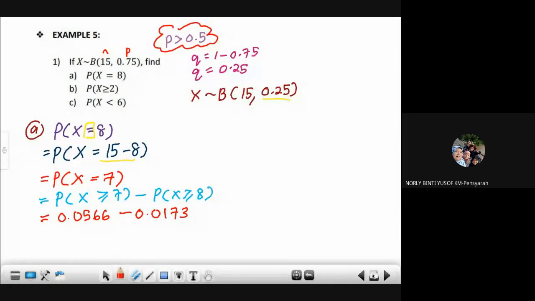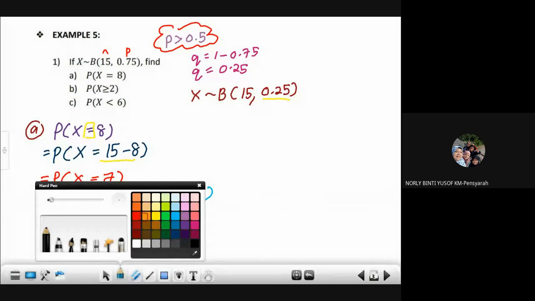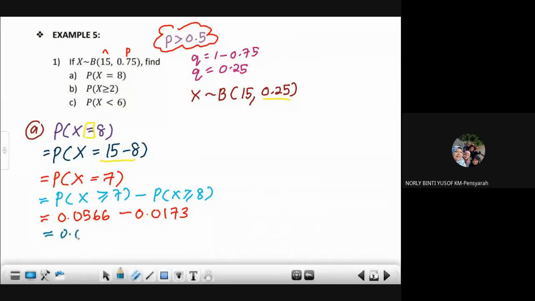So you kena change the success to non-success, P kepada nilai Q so that you boleh baca table. Dan juga bila you ada discrete equivalent ataupun greater or equivalent ataupun lesser equivalent, dia akan ada N minus R. Dan changing sign lah for greater equal ataupun lesser or equals to. Kalau sama dengan, dia sama dengan juga. So barulah you calculate, you akan dapat 0.0393. Tu jawapan A.